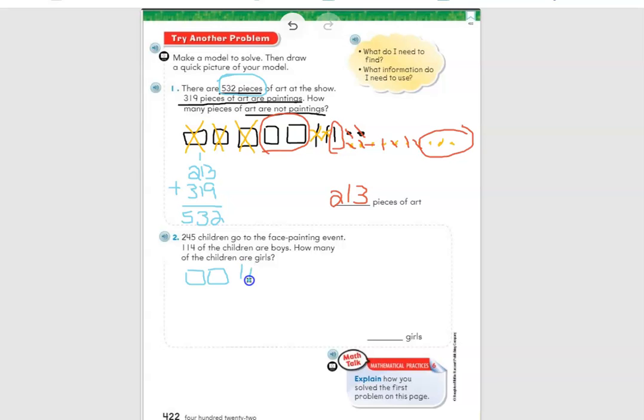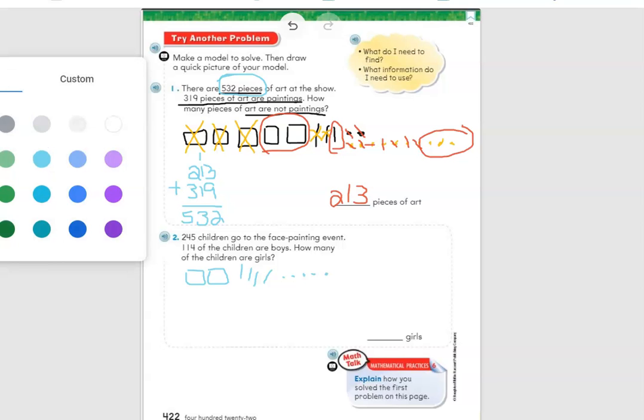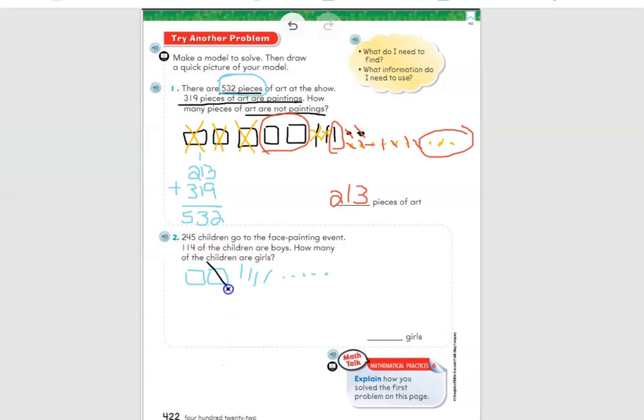200, 10, 20, 30, 40, 1, 2, 3, 4, 5. And we are going to take away 114. So there's 100. Then I'm going to take away 10 and 4 ones. 1, 2, 3, 4.